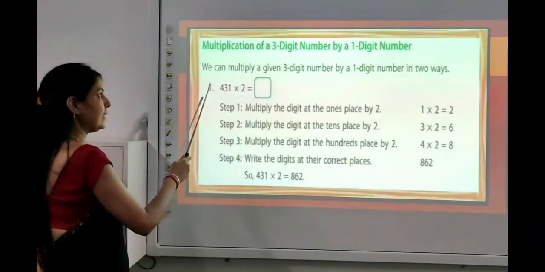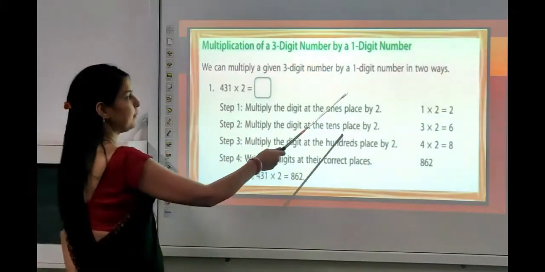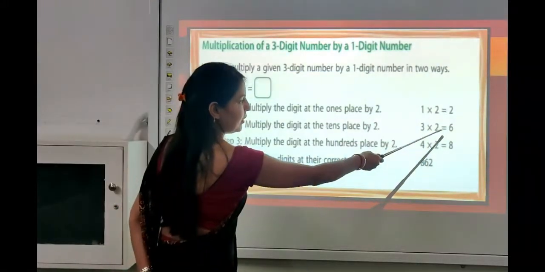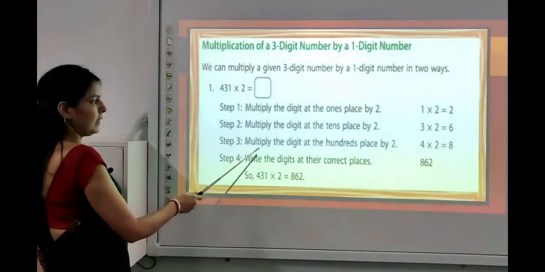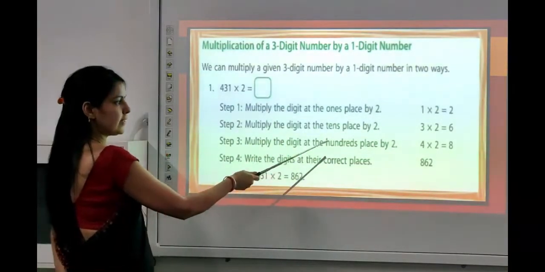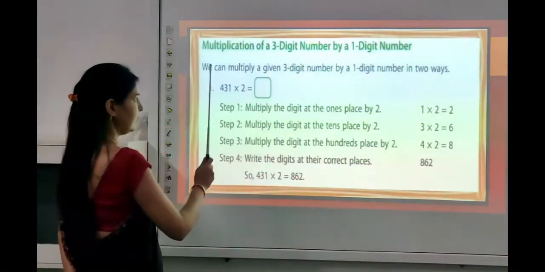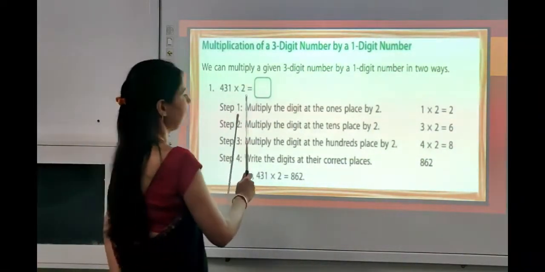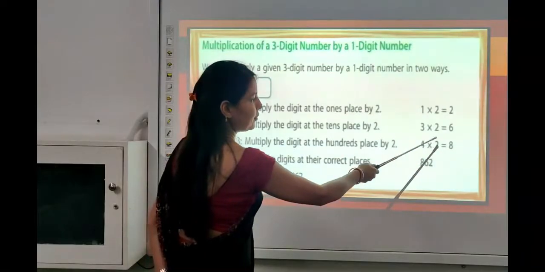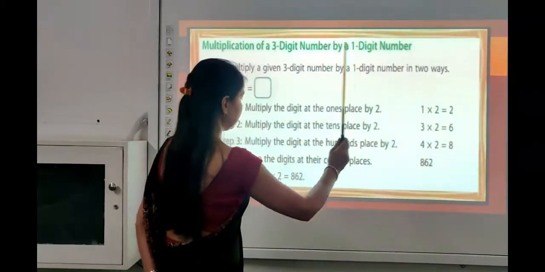Here 3 is at tens place, so we are multiplying 3 by 2. It will be 6. Step 3. Multiply the digit at the hundreds place by 2. Here 4 is at hundreds place, so we will multiply 4 by 2, which is equal to 8.